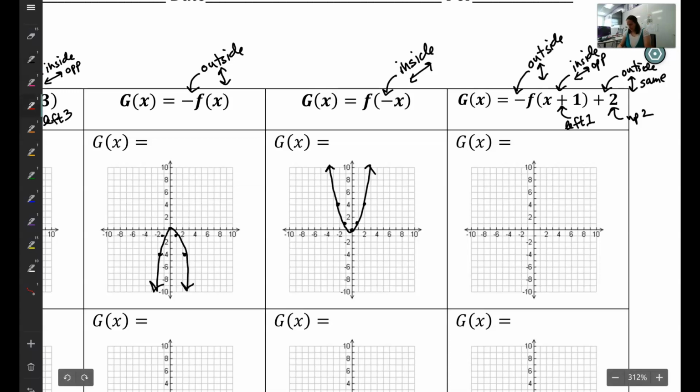Now, here's how I'm going to do this. I'm going to try and color code this for you. So, first one, I want to move everything left 1. So all those original points get moved left 1. Like that. Next, going to reflect everything up and down. So reflect, reflect.